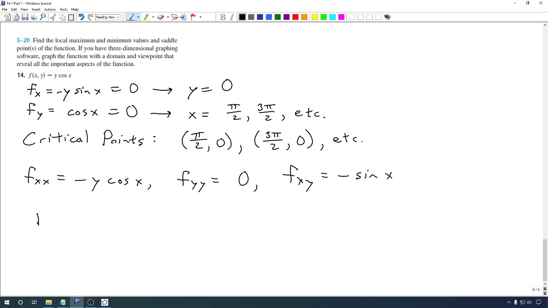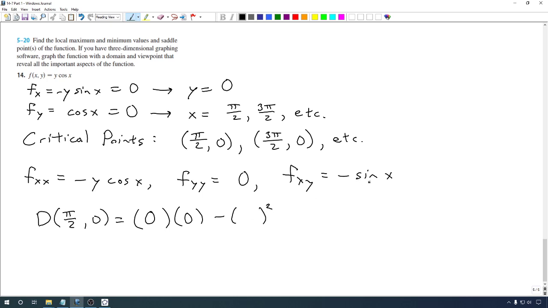We go ahead and plug in our values. D of pi over 2, 0. Technically, we're plugging it into f sub x x, but f sub y y is always 0. It turns out we actually get a 0 here as well, though we don't really need to find that one.